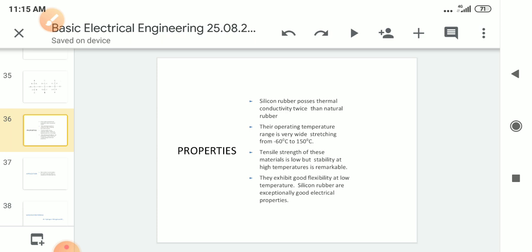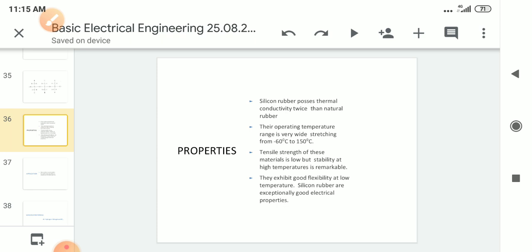The liquid insulating materials are mostly used as oils, that is mineral oil, kerosene oils, alcohols, lubricating oils, waxes, like that. And synthetic liquids are also there.